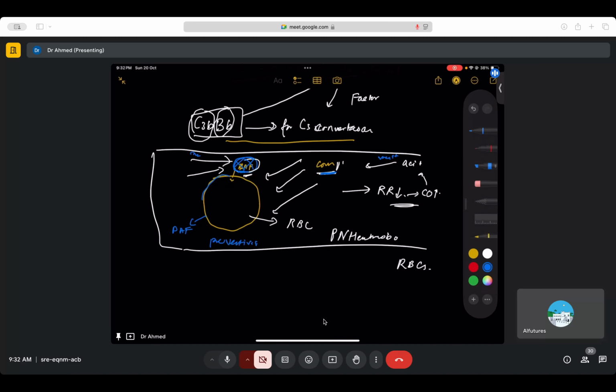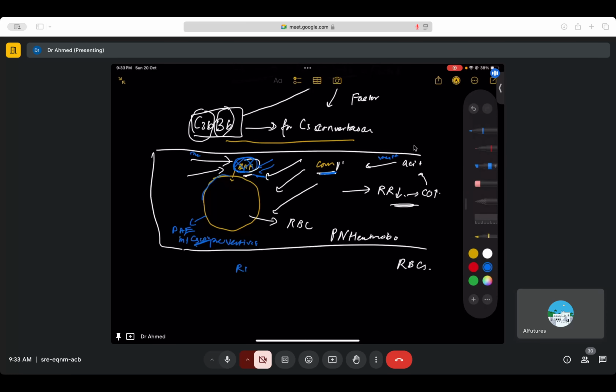It is going to inhibit your C3 convertase. Normally, whenever the C3 convertase comes in contact with your red blood cells, they inhibit it. In this way, the red blood cells and nucleated cells prevent themselves against your complement system via DAF.